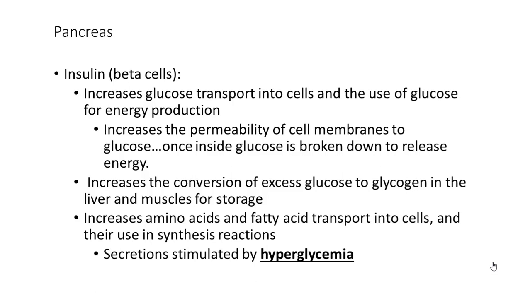So the beta cells actually secrete insulin when the blood sugar levels are elevated. And the glucagon is the exact opposite. So when sugars are low, it's going to secrete the glucagon to get the sugar back up there.